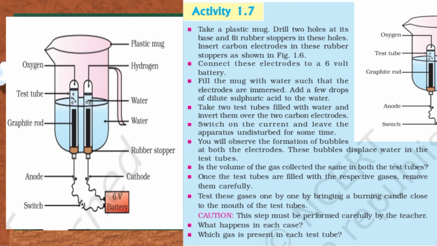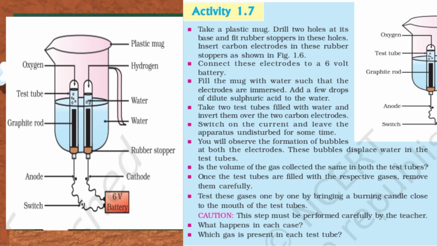So do a similar setup. Fill the mug with water such that the electrodes are immersed. Add a few drops of dilute sulfuric acid to the water. Take 2 test tubes filled with water and invert them on the 2 cathode electrodes. Switch on the current and leave the apparatus undisturbed for some time.